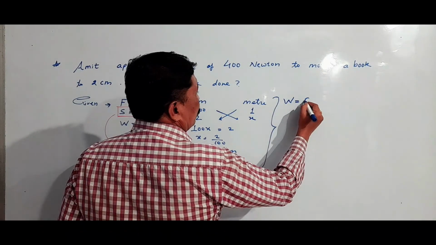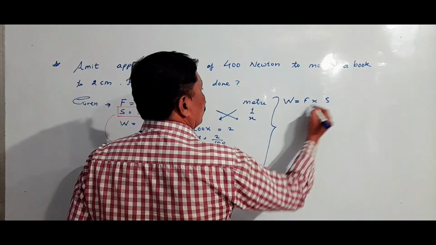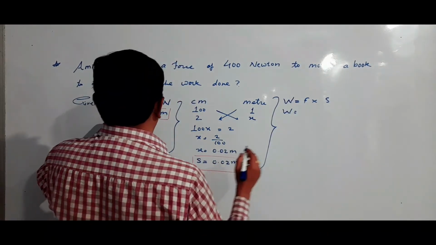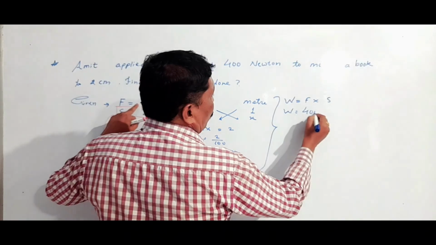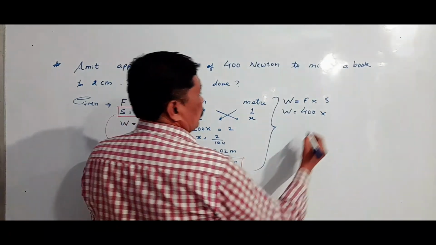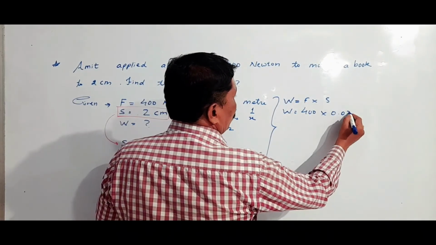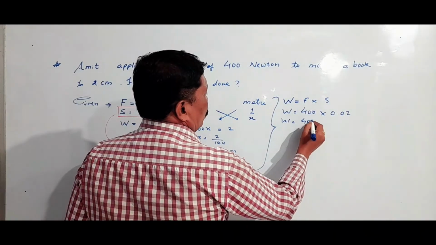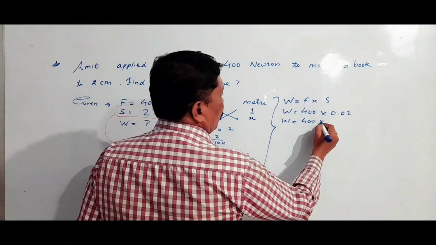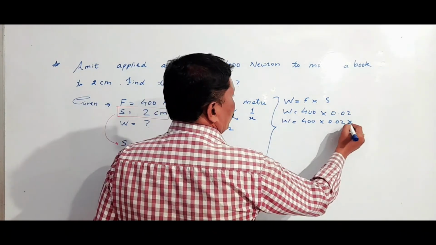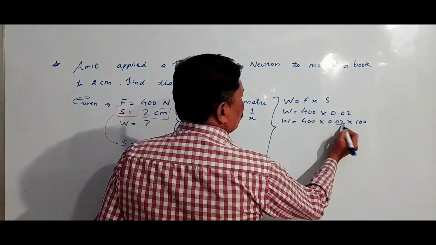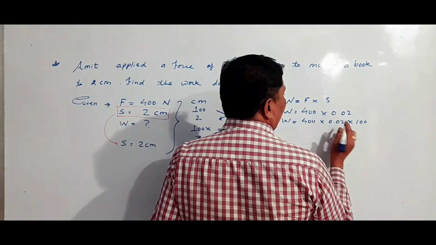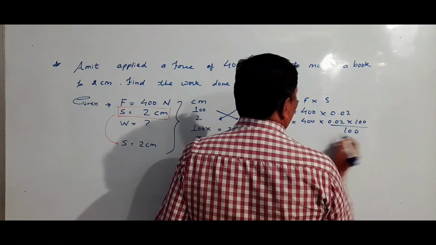Work is equal to force into displacement. Work is equal to force, which is 400, into displacement, which is 0.02. W is equal to 400 into 0.02 into 100, because 2 digits we have to remove, again divided by 100.